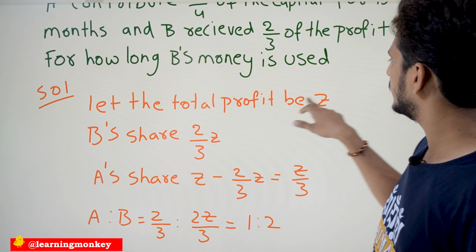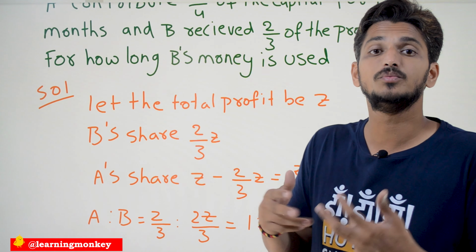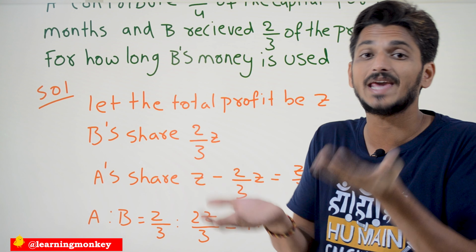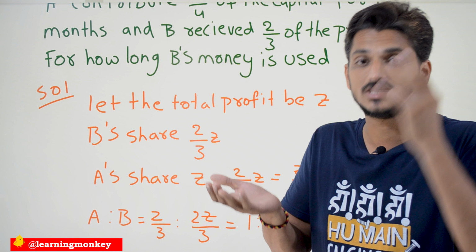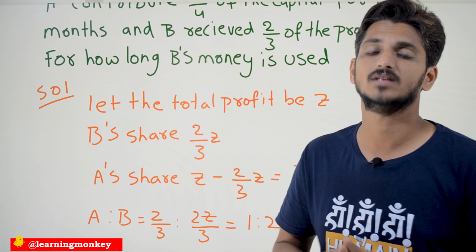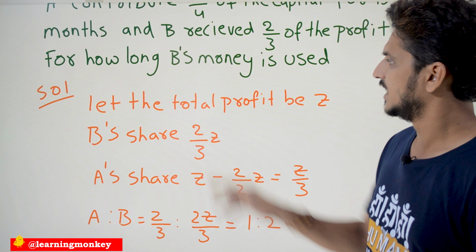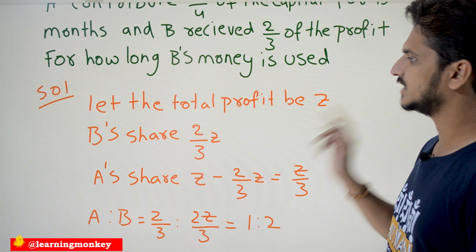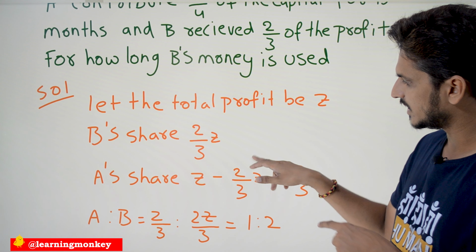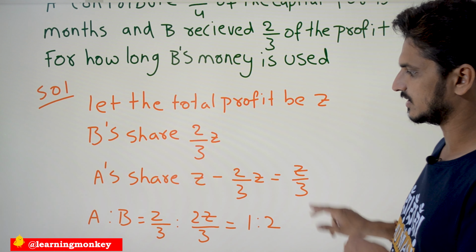Let the total profit be Z. Assuming some Z value will not affect the ratio. These Z's are going to be cancelled in the ratio. This is the point you have to get into your mind when you are solving profit ratio examples. B's share is 2/3 of Z. A's share is Z minus 2/3 of Z, that is Z by 3.